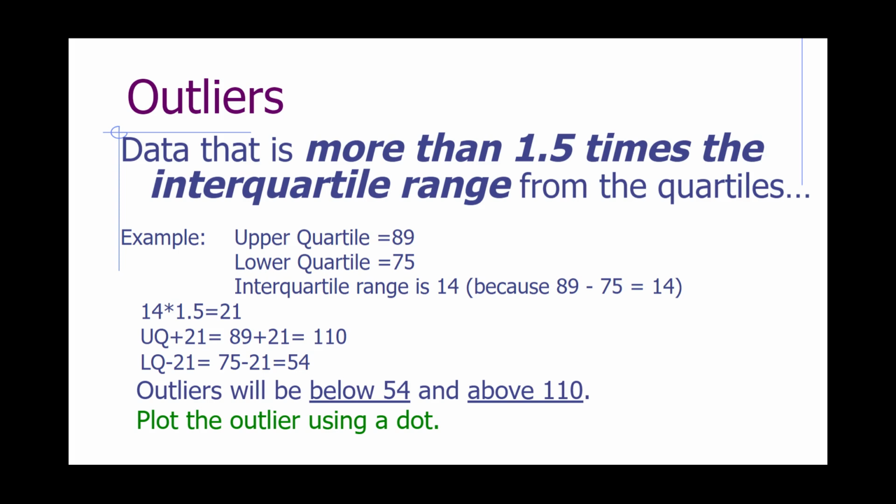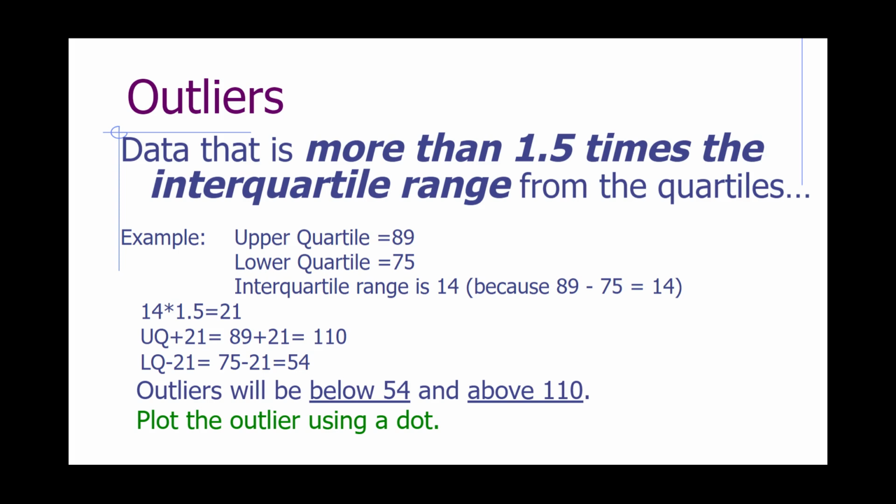All right, last thing that we're going to go over is something called outliers. Outliers are whatever is 1.5 times the interquartile range from the quartiles. You're not going to focus on this a whole lot, but I do want to make sure that you understand and know how to do this.